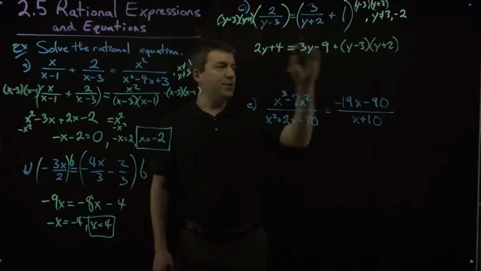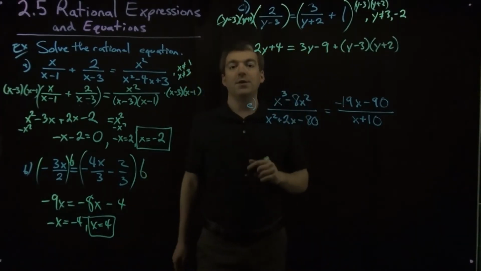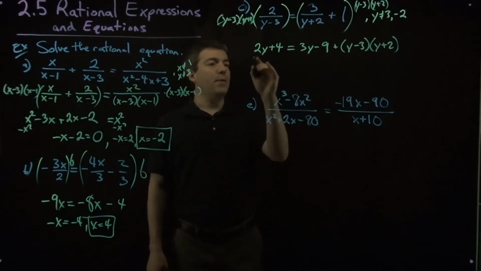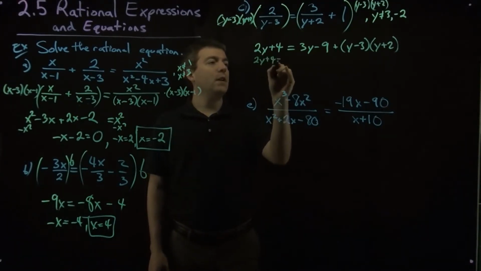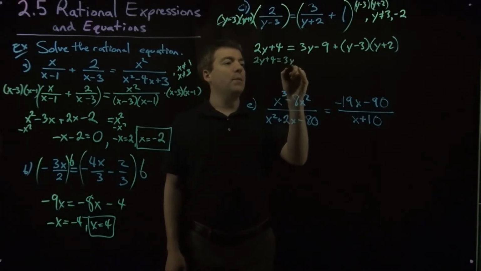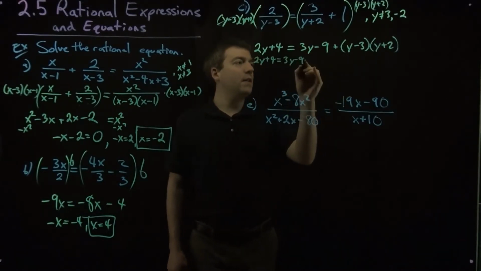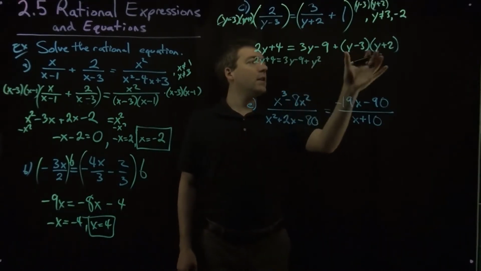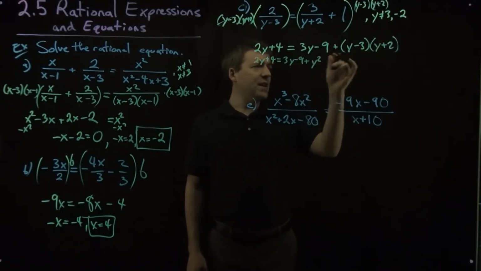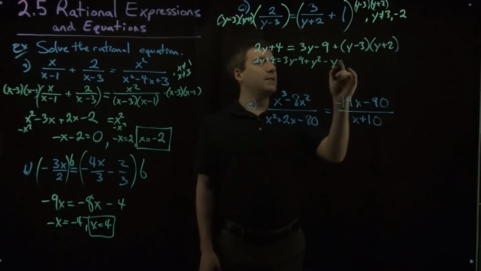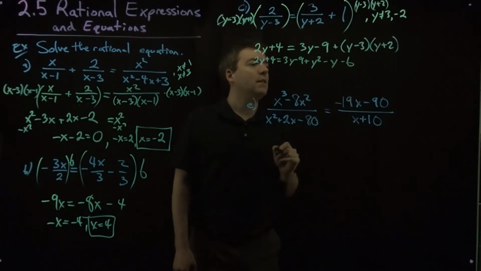All right, this is just a quadratic, and we can solve those using methods that we've talked about before. So we'll have our 2y plus 4 equals 3y minus 9. Multiply this out, plus y squared. Outside, inside would be minus y, last minus 6.